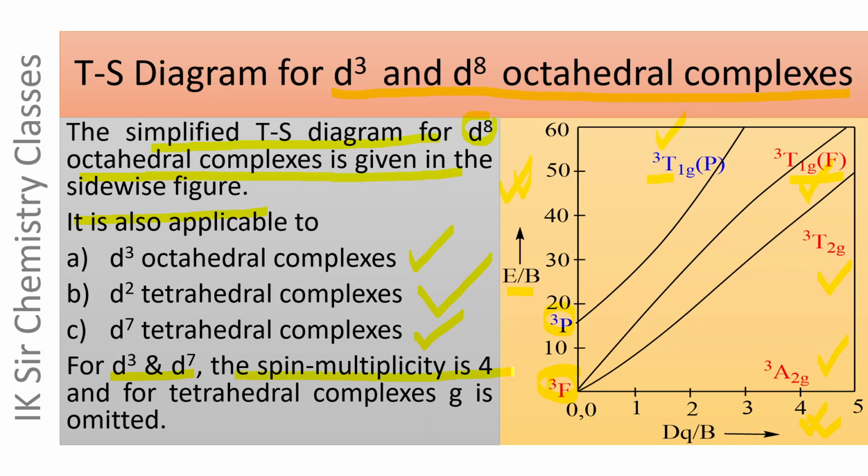For d2 and d8, the spin multiplicity is 3. At the same time, for tetrahedral complexes, the suffix g is omitted because tetrahedral complexes have no center of symmetry.